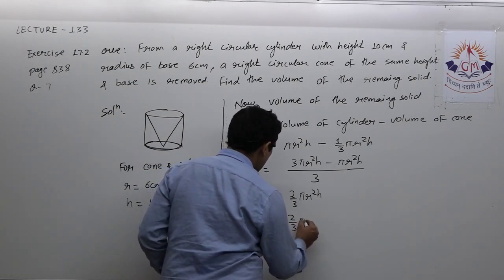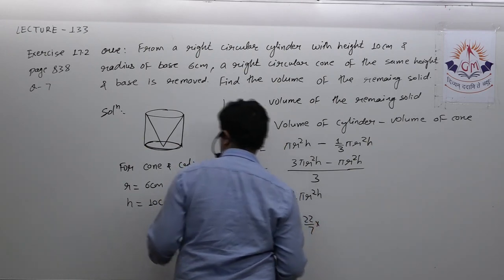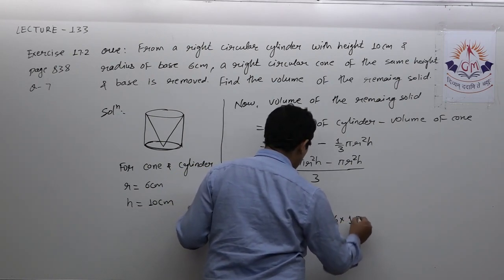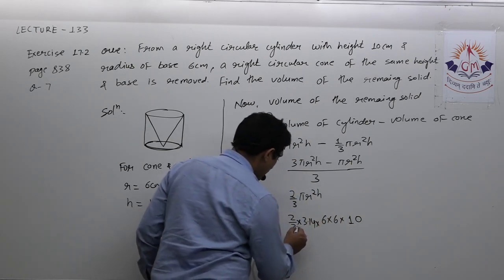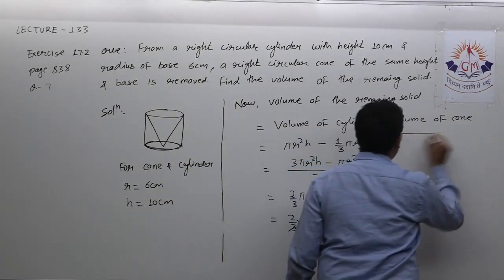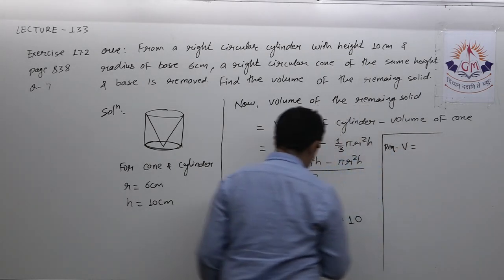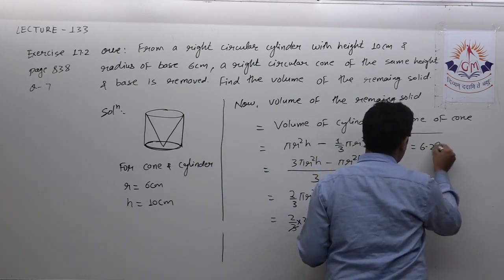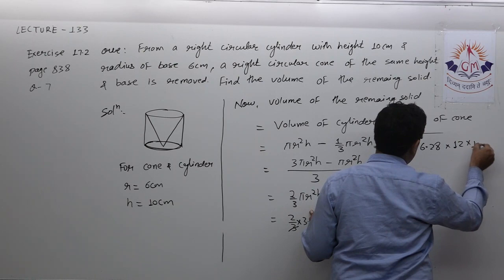So 2 by 3, pi is 22 by 7, radius is 6 and height is 10. Here I can take value of pi as 3.14. So 3 twos are 6. So the required volume is equal to 6.28, 3 into this, then this is 12 and here it is 10.